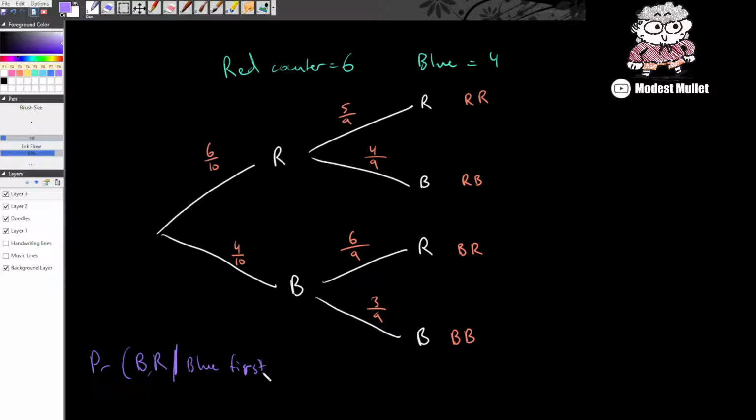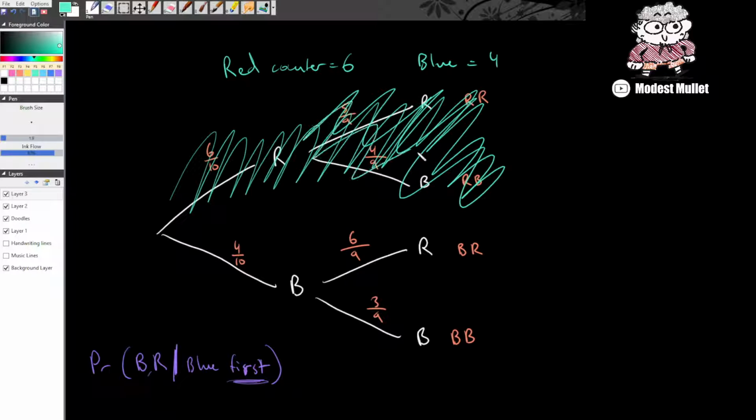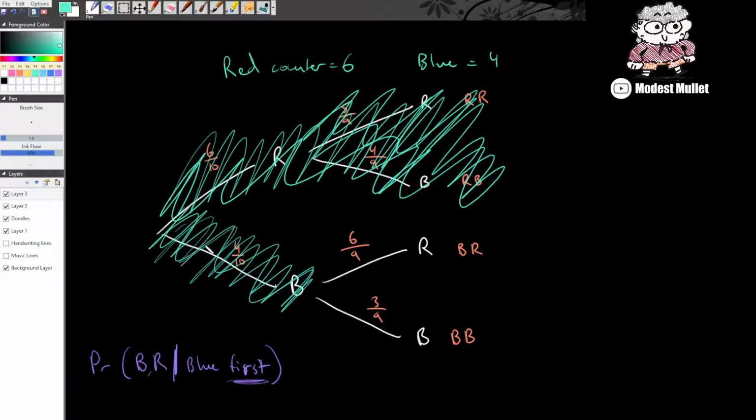I got a blue first. And I'm putting the word first in here at the moment because that's pretty important, as you'll see in the next example. Okay. So same thing, I know I've gotten a blue first. So that means all of this over here, no good. Doesn't count. Doesn't exist anymore in our problem. Same, we know we've already gotten the blue first, so that doesn't exist anymore.